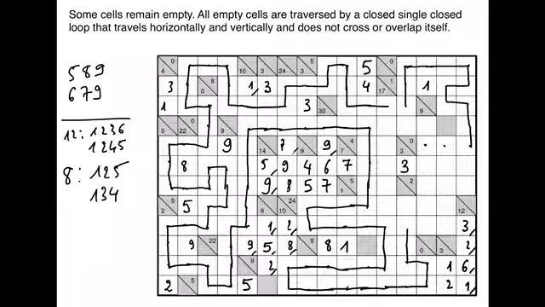How will this work? If this is a 7, then those can't be more than 4.